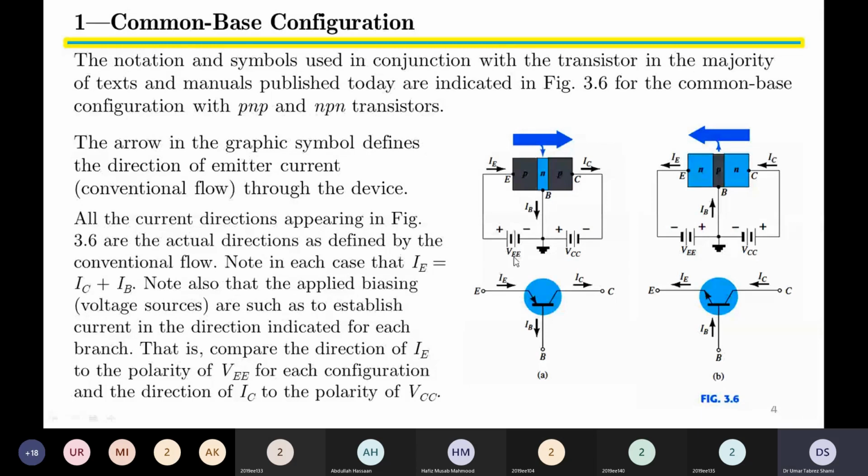We must connect VEE in such a polarity that it allows current to flow in the direction shown. And also we must connect voltage source VCC in such a polarity that it allows the current to flow in the direction of IC.